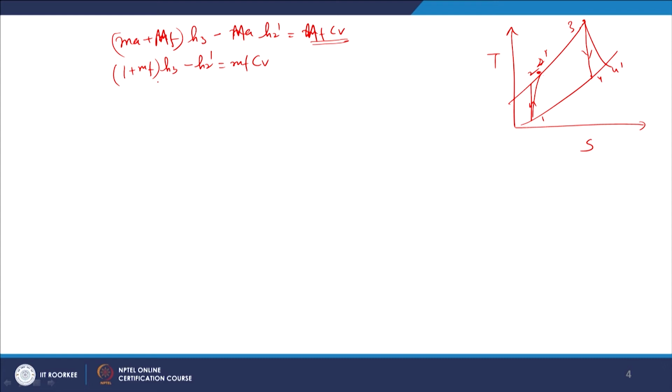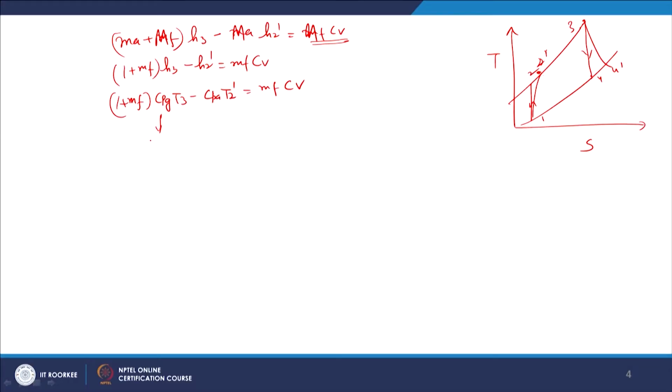Now H3 is going to be equal to CPG T3 minus CPA T2 dash, which is equal to mf times CV. CPG is known to us, it is 1.128.